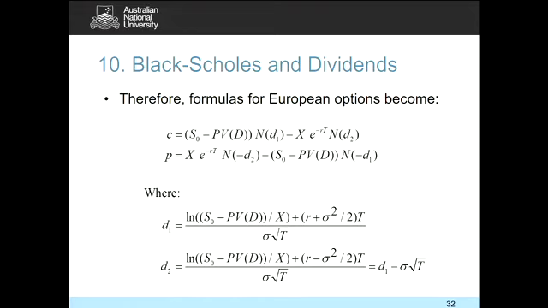The ex-dividend date is a date at which, if you own the share, you're entitled to the dividend. So for example, let's imagine dividends have been paid on the 30th of November. Normally they go ex-dividend a couple of weeks before. Let's say the 15th of November. Anyone who owns a share on the 15th of November is entitled to the dividend. After that date, you're not entitled to the dividend.